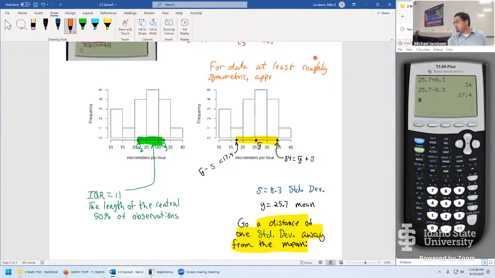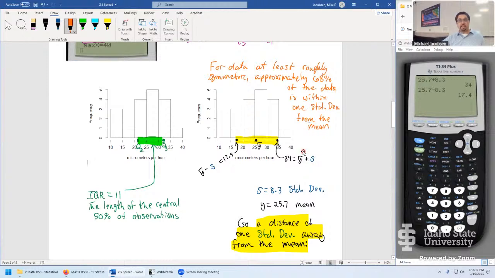We'll say approximately 68% of the data is within one standard deviation from the mean. The mean being Y bar, standard deviation being S.